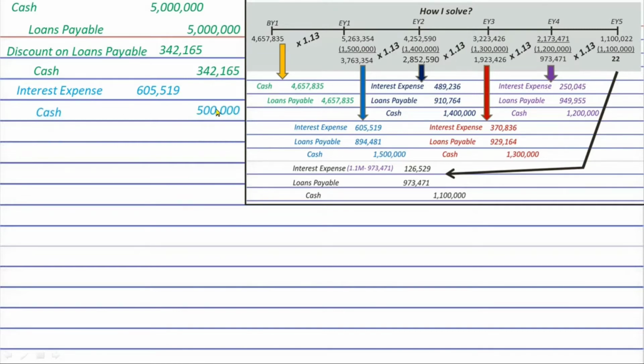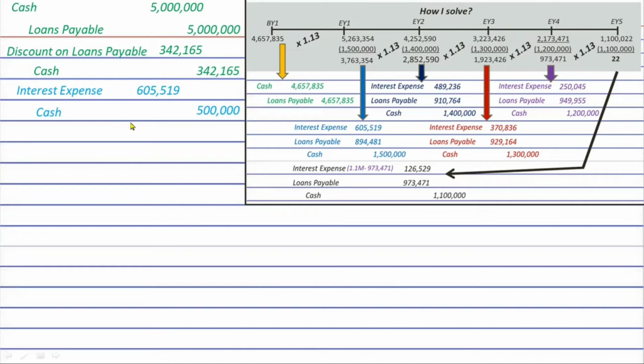Again, interest payment only. So at the end of year 1, the interest paid is only 500,000, so you need to put it here. And please guys, exclude the principal payment of 1 million for the meantime, because we should only focus on the interest payment. Now, as you noticed, the entry is not balanced, right?